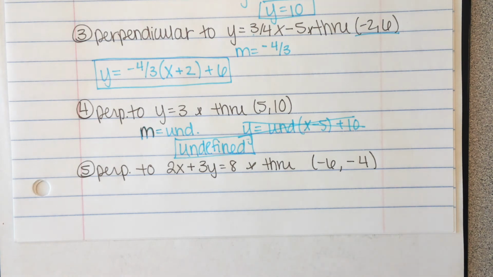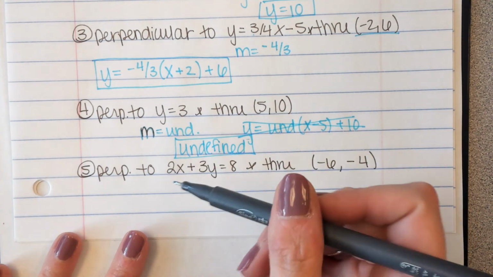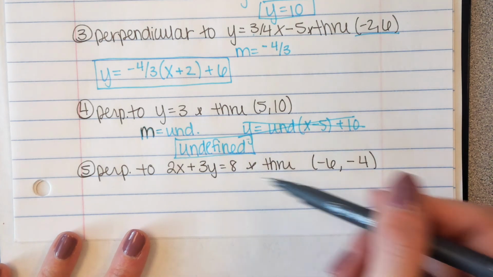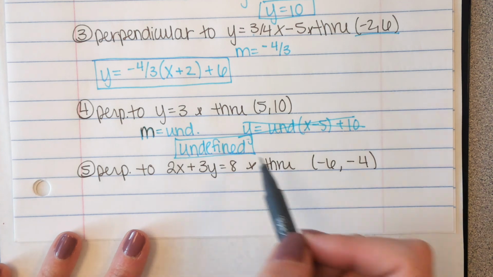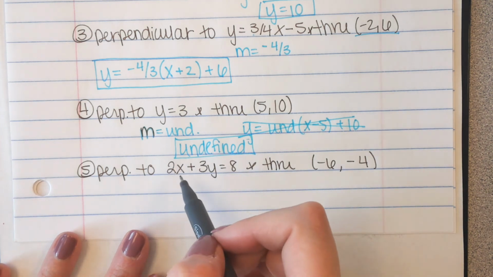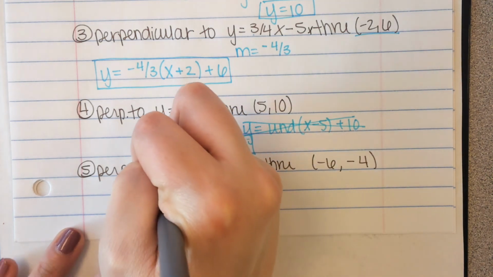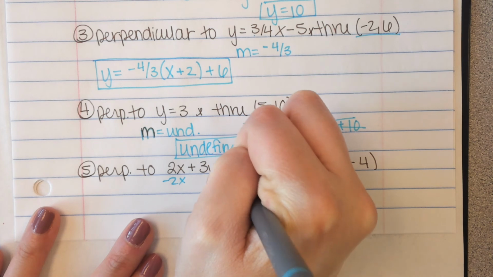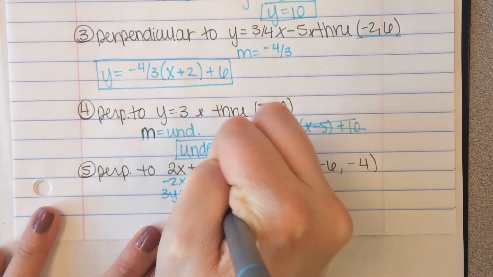Okay, here's the last example we're going to look at. We want an equation of a line that's perpendicular to this and through (-6, -4). This one is given in standard form, and we need to find the slope. The easiest way to find the slope here will be to put it in slope-intercept form. So we'll subtract 2x, so 3y equals -2x plus 8.